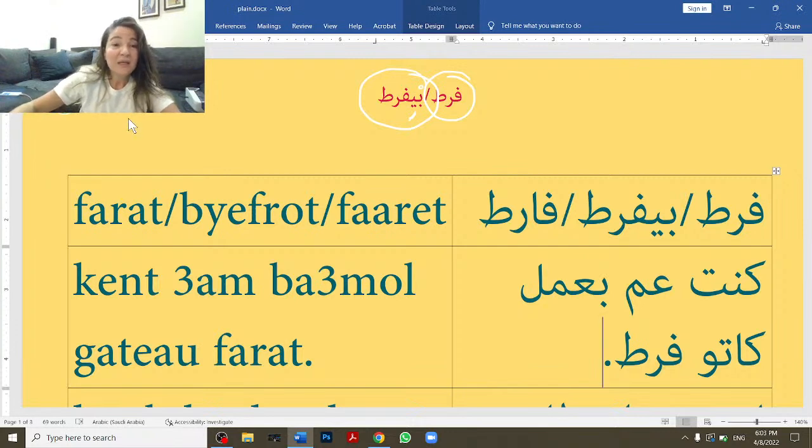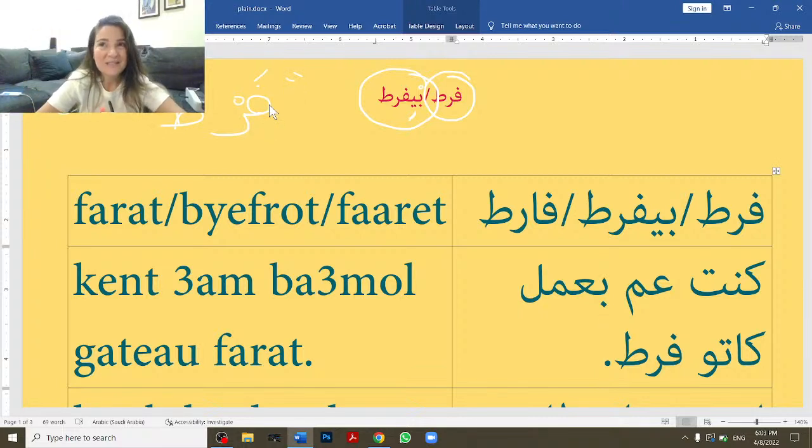Now, in standard Arabic, فرط doesn't mean to crumble. It means the excess of something. So in the Lebanese dialect, or in the Levantine dialect, we're using it in a different meaning. Fart means an excess of something, or something that is over.